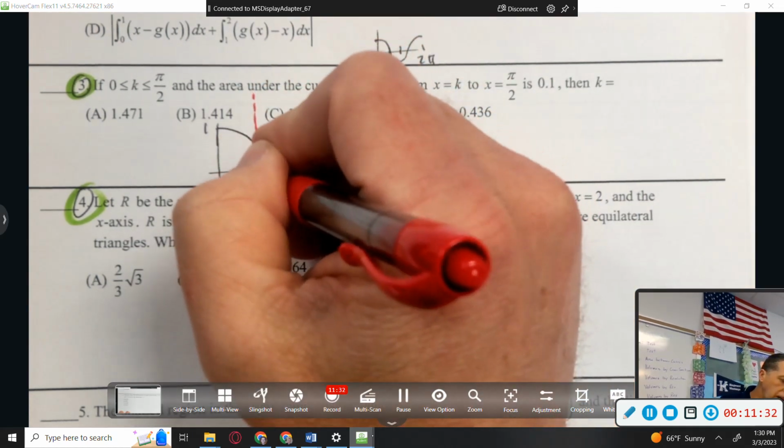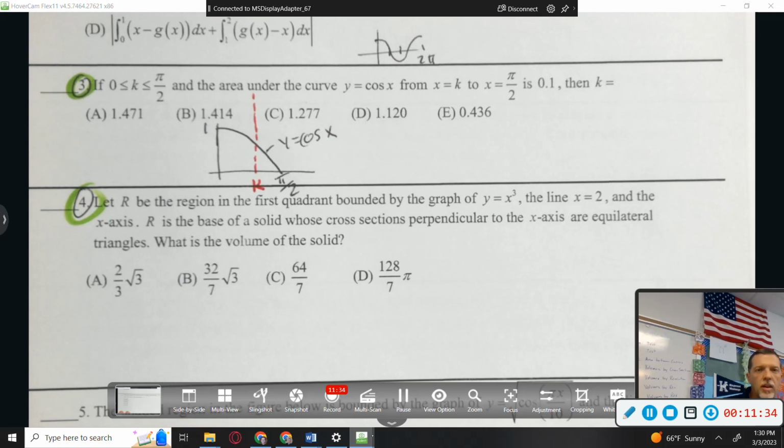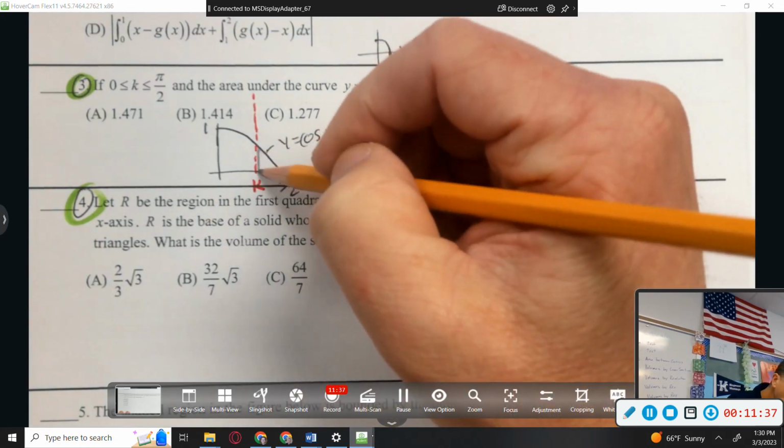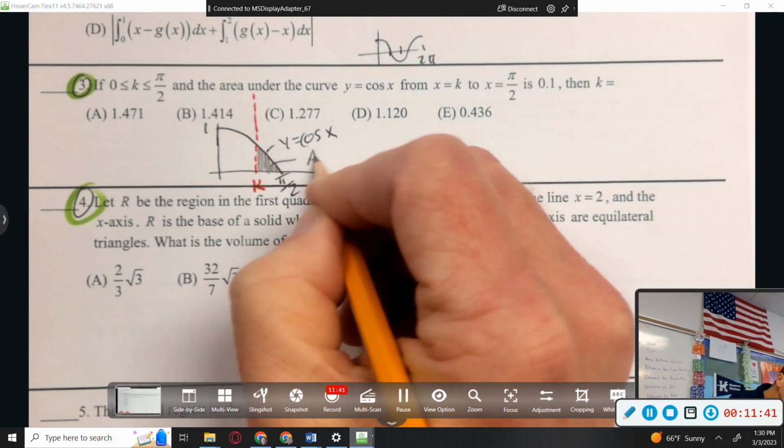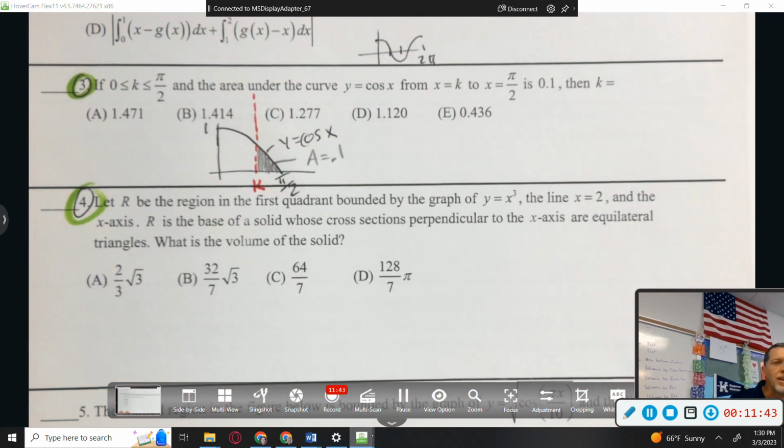So I don't know where k is, but I do know that this area equals 0.1. Okay, I think I've got the picture right based on what it told me.